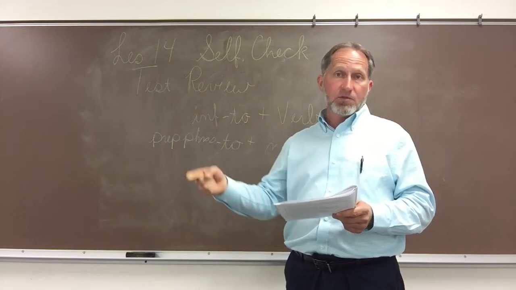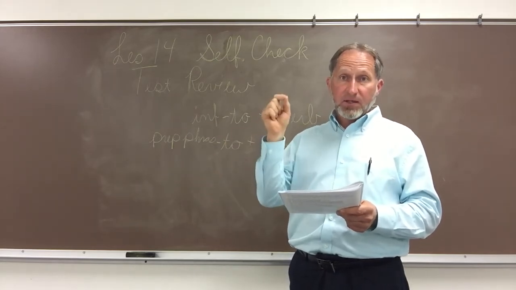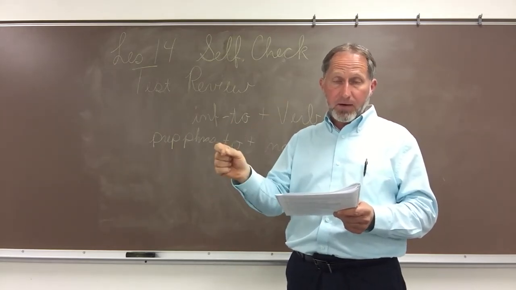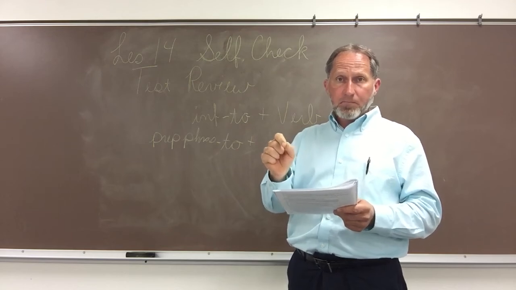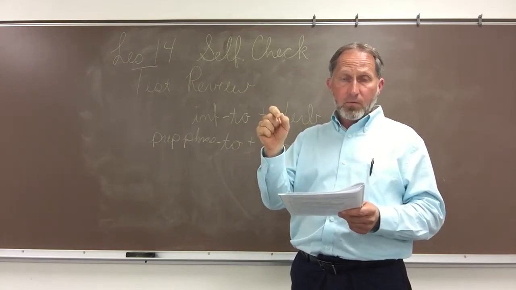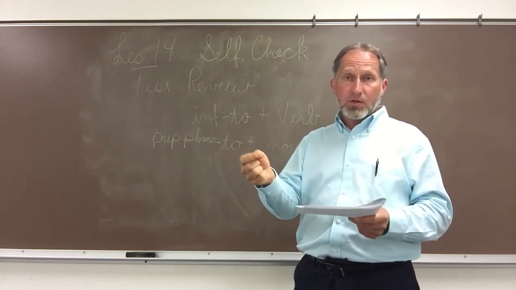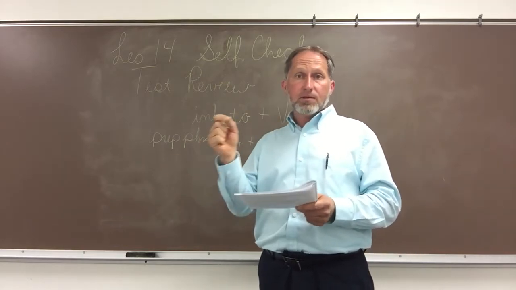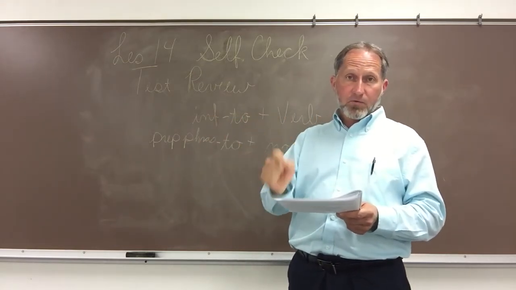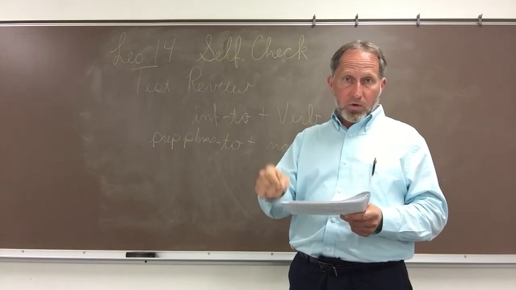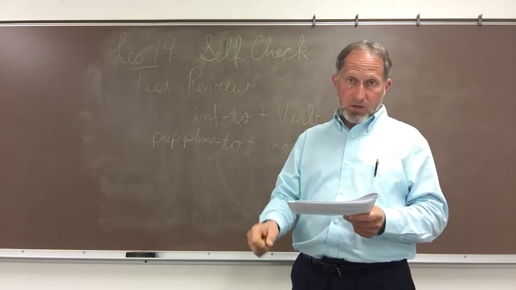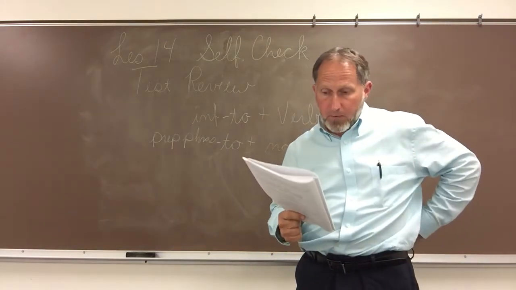And then that leads us to the second part. The parts they combine need to be parallel. This works for and, but, and or as well. You can't join words to phrases or words to clauses, or phrases to clauses. It needs to be words with words, phrases with phrases, and clauses with clauses. The parts need to be parallel.